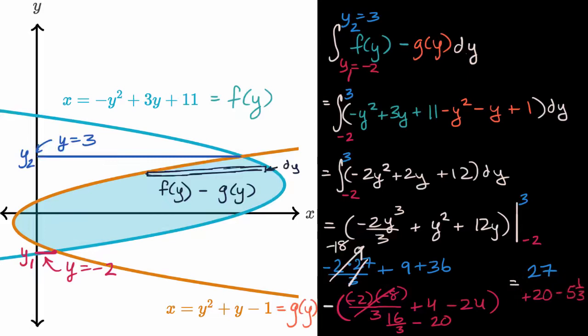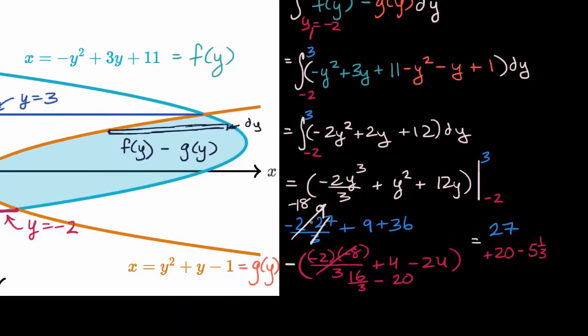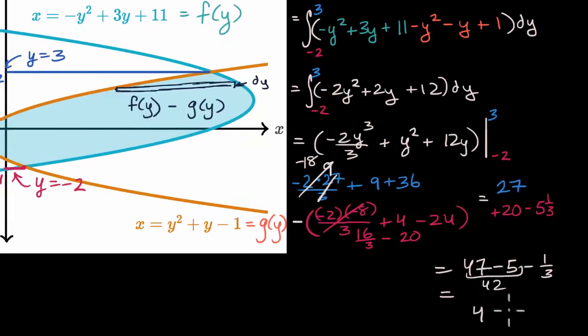Let me go to the right so I have a little bit more real estate here. So then that is going to be equal to, we get a minor drum roll here, 47 minus 5 minus 1/3, which is equal to, let's see, 47 minus 5, that's 42, minus 1/3 is, now we get a drum roll, 41 and 2/3. And we are done.